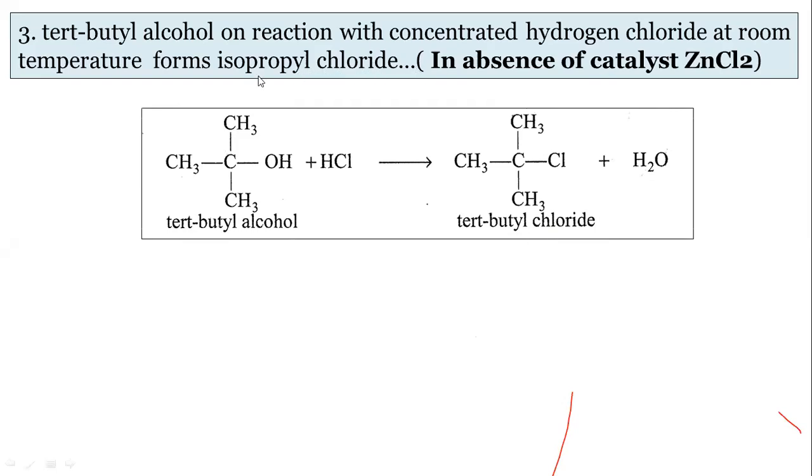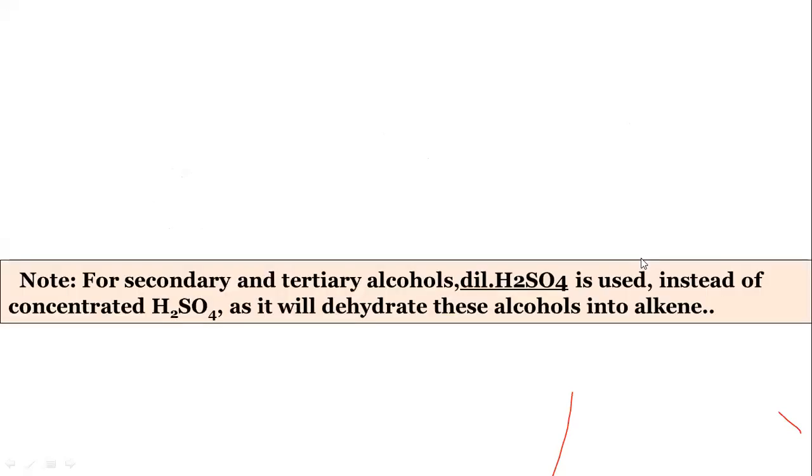Sorry, that is a printing mistake: tertiary butyl alcohol gives tertiary butyl chloride. This OH is replaced with Cl in presence of concentrated HCl only, in absence of ZnCl2.